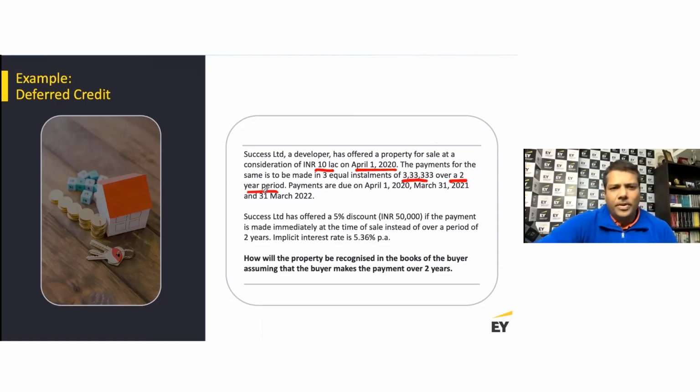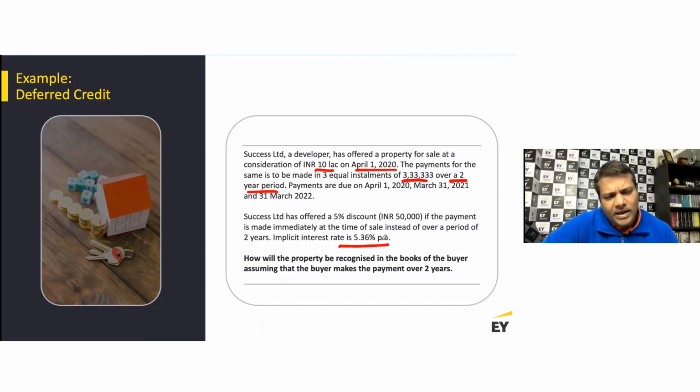Payments are due on April 1, 2020, March 31st, 2021, and March 31st, 2022. Success Limited has offered a 5% discount if the payment is made immediately at the time of sale instead of over a period of 2 years. Implicit interest rate is 5.36% per annum.